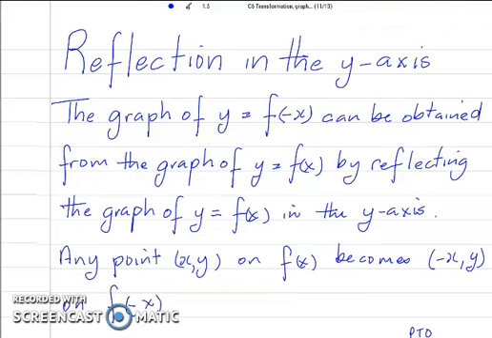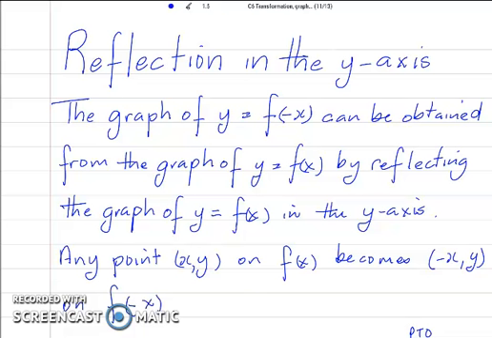All right, reflection in the y-axis. The graph of y is equal to f of minus x can be obtained from the graph of y is equal to f of x by reflecting the graph of y is equal to f of x in the y-axis. Now, any point (x, y) on f of x becomes (minus x, y) on f of minus x.